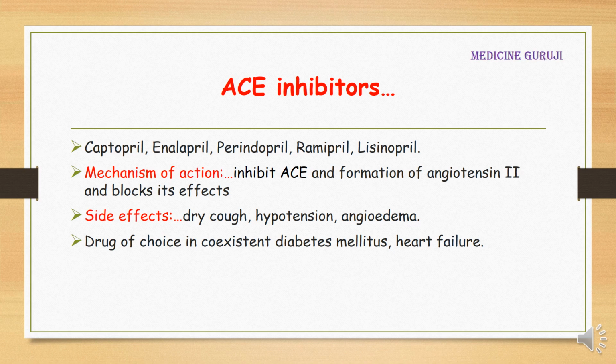ACE inhibitors के साइड इफेक्ट्स होते हैं ड्राई कफ, बिल्कुल ड्राई कफ, हाइपोटेंशन और एंजियोइडेमा. Always remember, these are drug of choice in coexistent diabetes mellitus and heart failure. Never forget diabetes and heart failure.